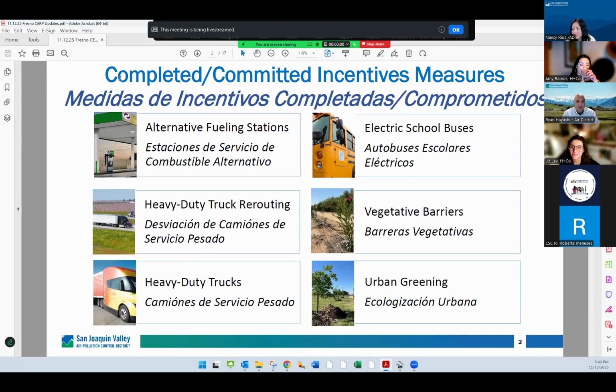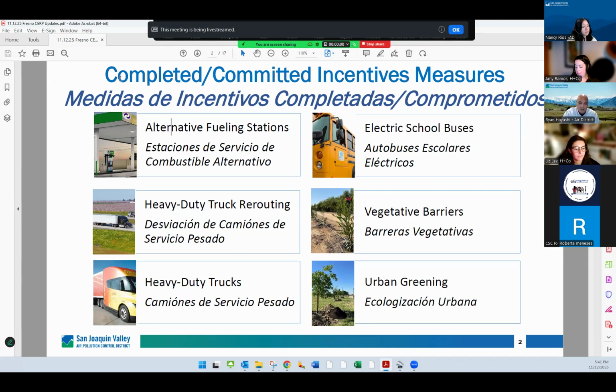As a reminder to everybody, there are several measures that, in working together, we were able to put funding towards and complete. Some of these are alternative fueling stations, electric school buses, vegetated barriers, heavy-duty truck reroute study, heavy-duty trucks, and urban greening.